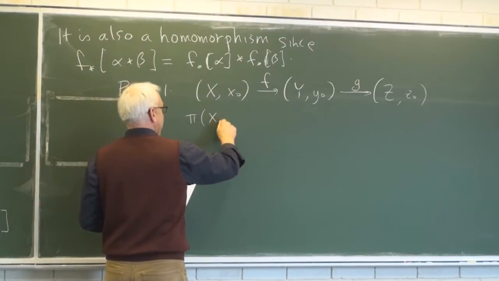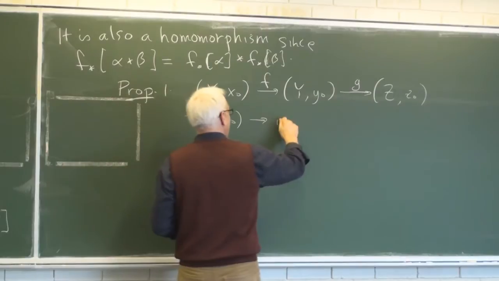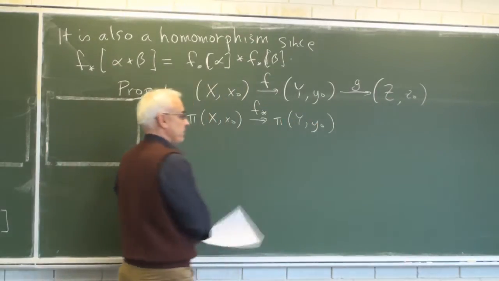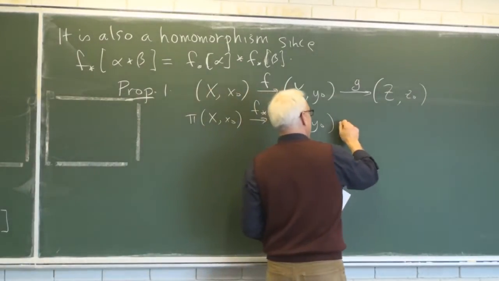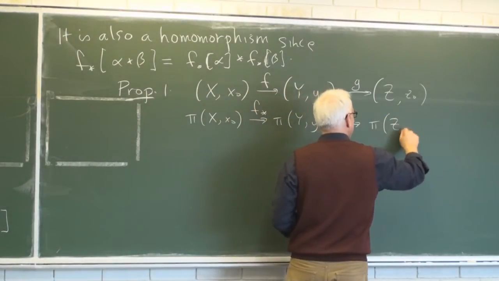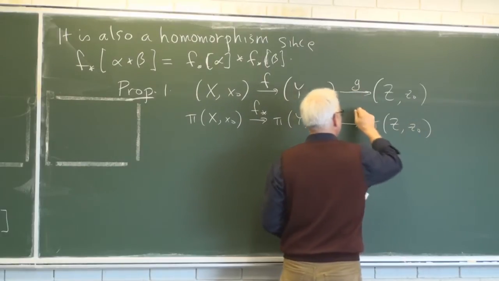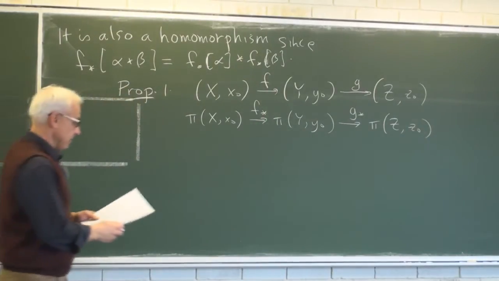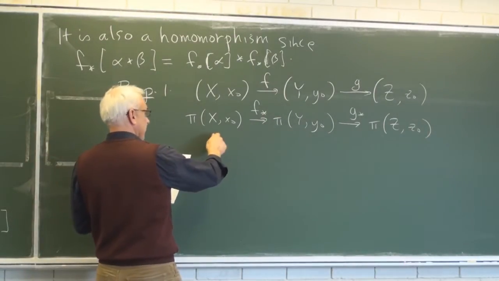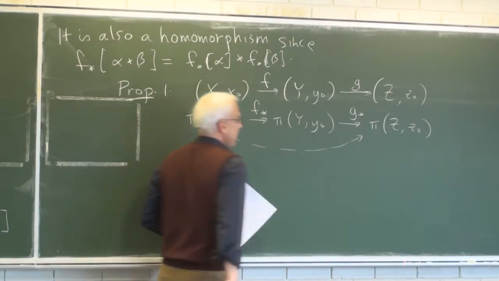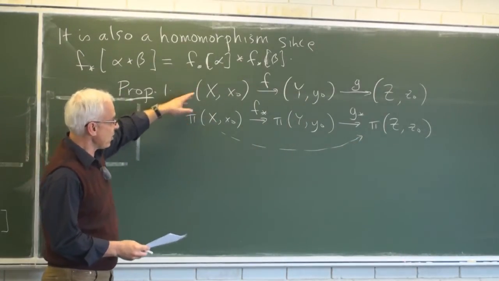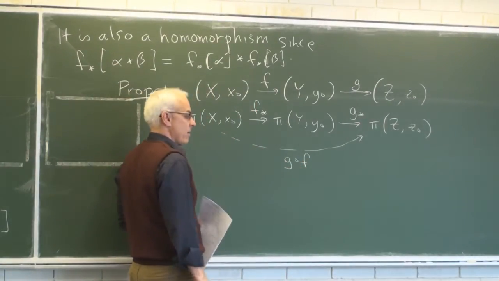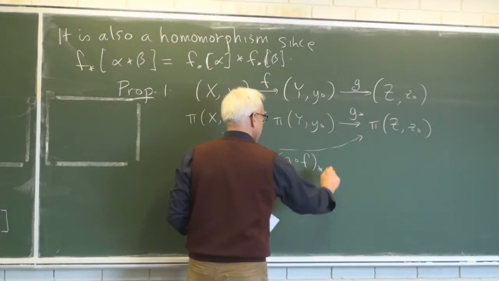So from pi of X, x0, we get a map to pi of Y, y0, we're calling that f star. And then from pi of Y, y0, we get a map to pi of Z, z0, that's g star. And then the proposition is that this is the same as taking the composite map, g circle f, and taking its induced map.